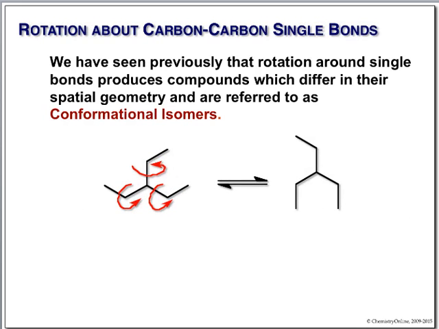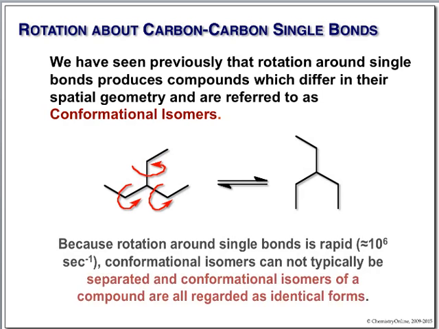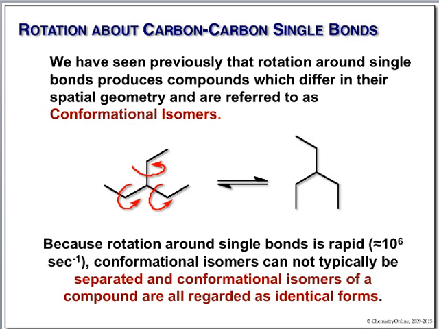Remember we said we have free rotation around our sigma bonds. Therefore, we can have rapidly interconverting isomers. These are conformational isomers. And because they interconvert so rapidly, we just regard it as the same compound.